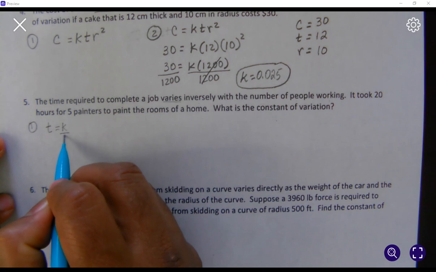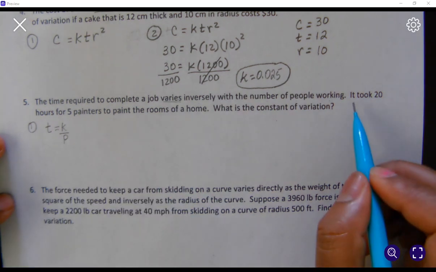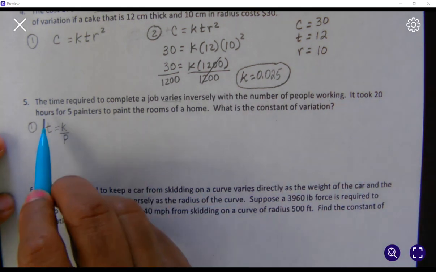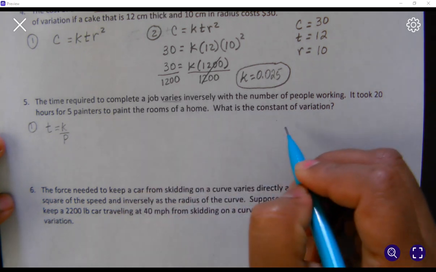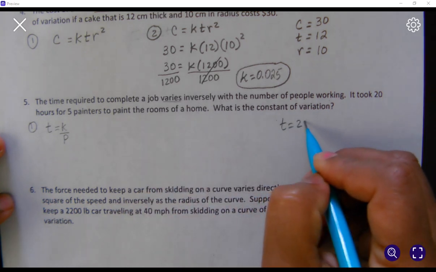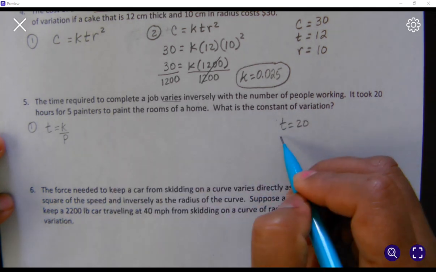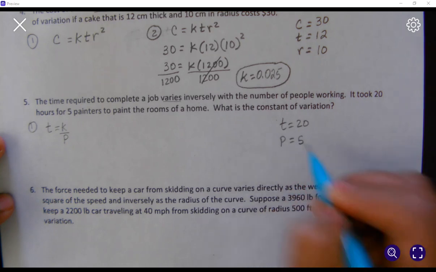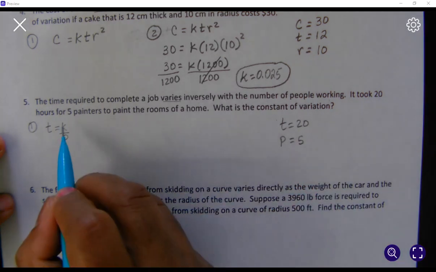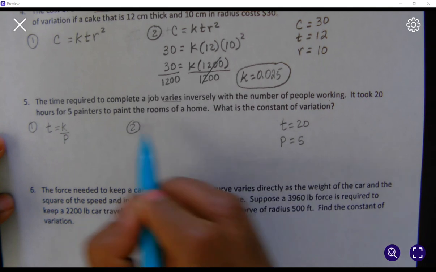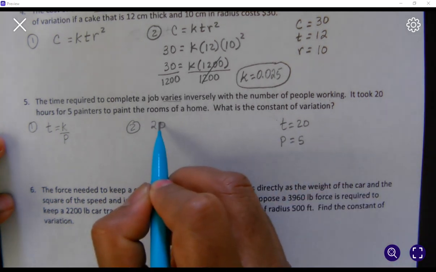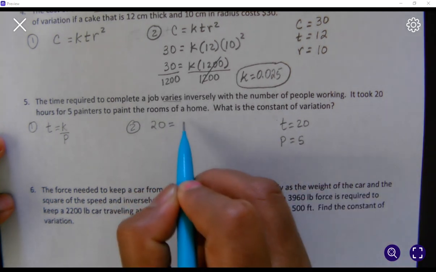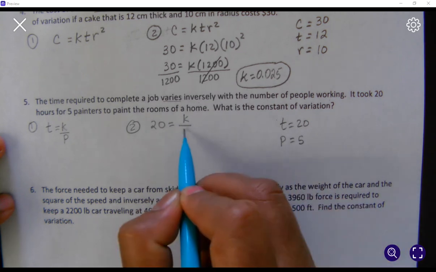So I'll just put P for people. It says it took 20 hours. So the time equals 20 hours for 5 painters, so 5 people, to paint a room at home. What is K? Now we're just going to plug it in. So you have 20 equals K over P, which is 5.